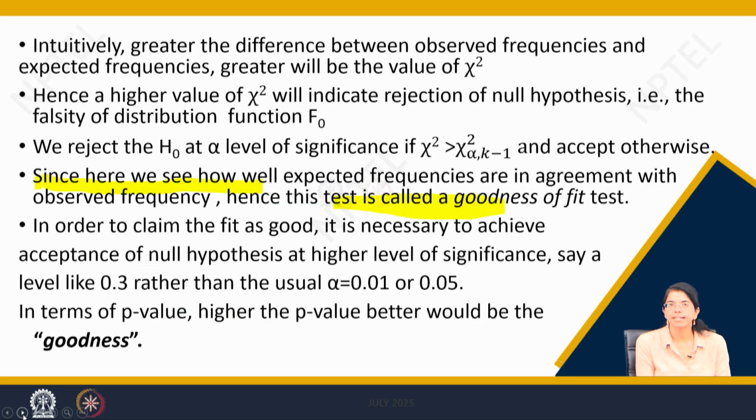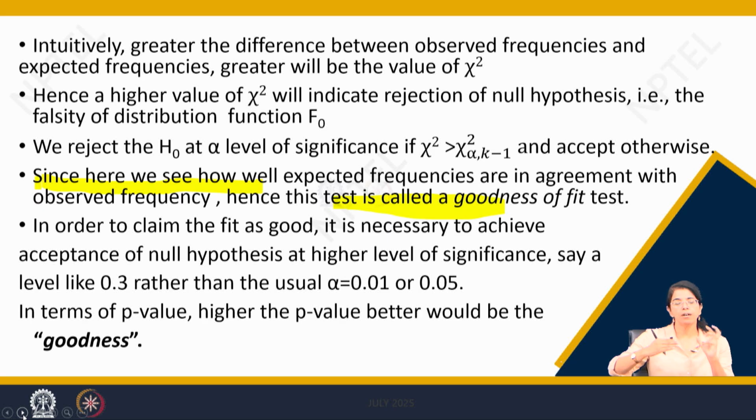Intuitively, the greater the difference between observed frequencies and expected frequency, the greater will be the value of chi-square. So if your observations are coming from the population which you have hypothesized, your expected frequency will be based on that population which you have claimed in your null hypothesis.